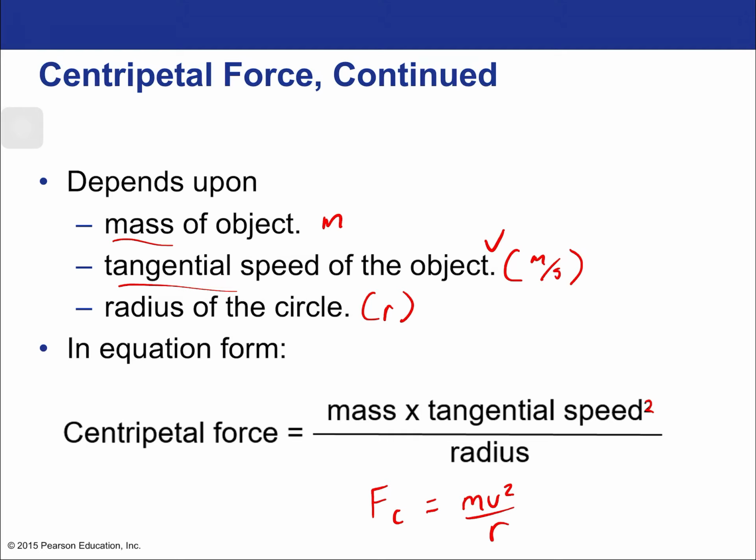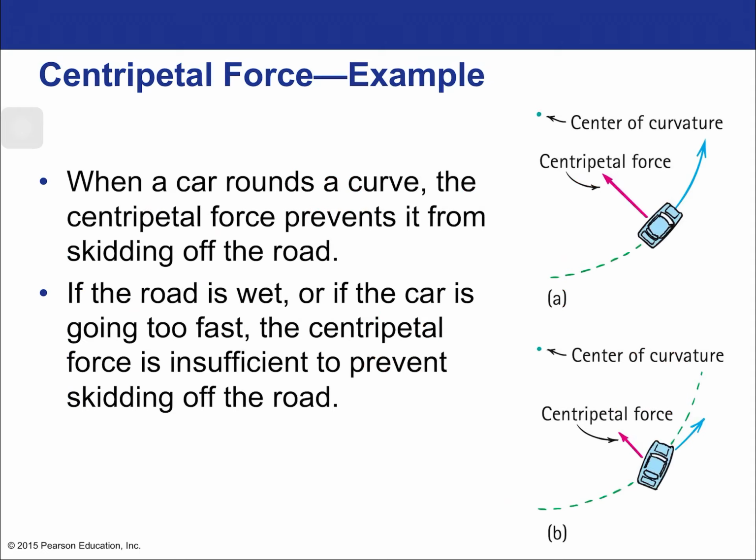Okay? So, when a car rounds a curve, the centripetal force prevents it from skidding off the road. There is the centripetal force. If the road is wet, or if the car is going too fast, the centripetal force might be insufficient to prevent skidding. In that case, the force cannot actually cause a circle of the desired radius, right?